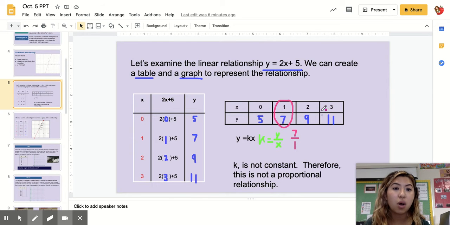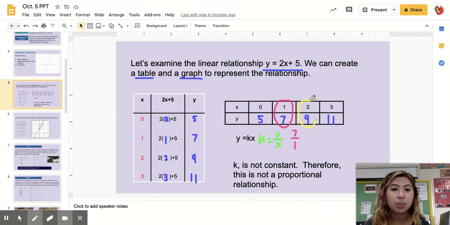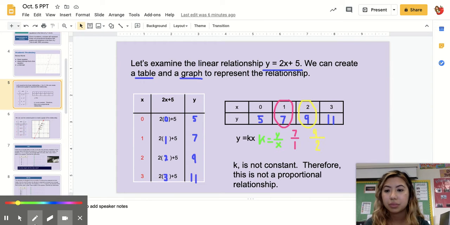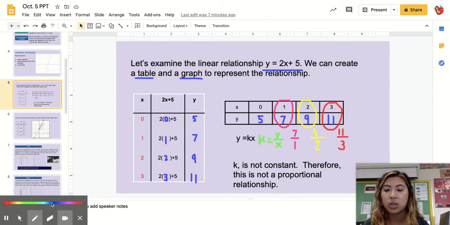I want to see if all of the different points have the same unit rate, constant of proportionality. So for the second point right here, 9 is our y value, 2 is our x value. And for this last point right here, we have 11 is our y value, 3 is our x value.